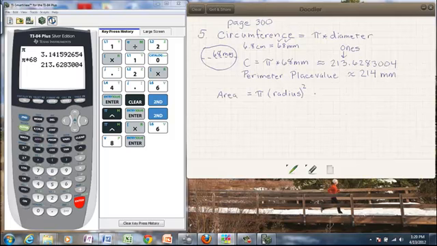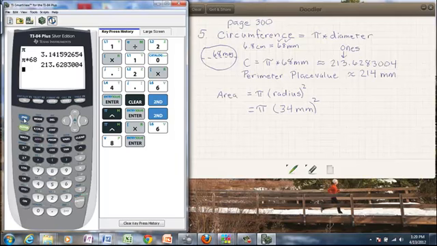All right, for the area, the radius, when I measured it, was 34 millimeters. And I need to square that. So we'll do that over on the calculator. Again, using the pi key.